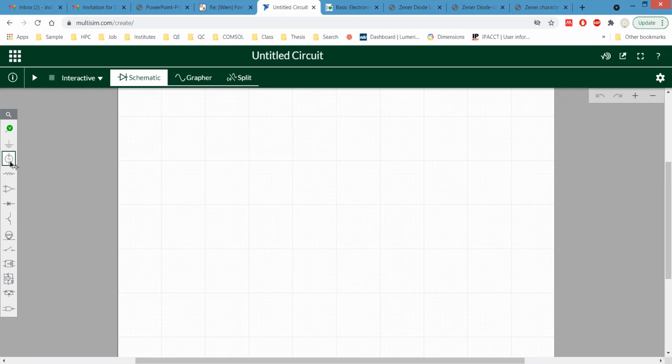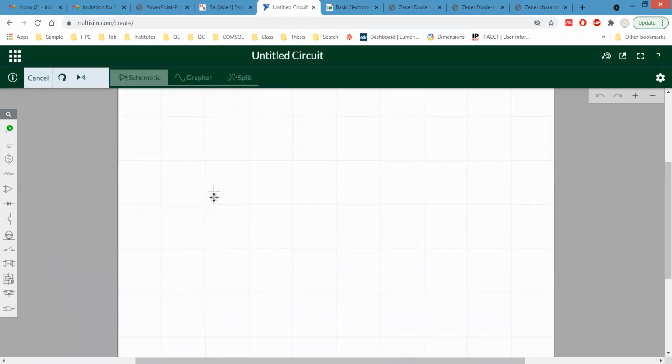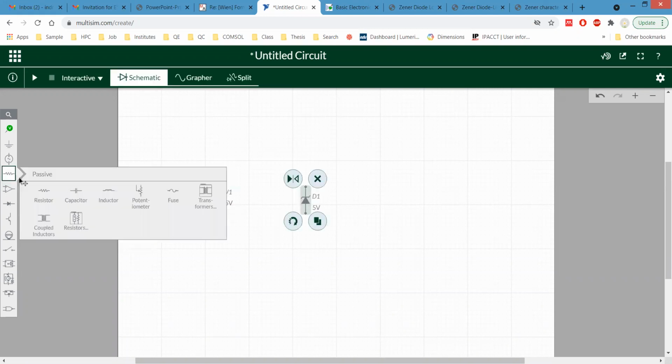For that we need a DC voltage source, a Zener diode, and one resistor.